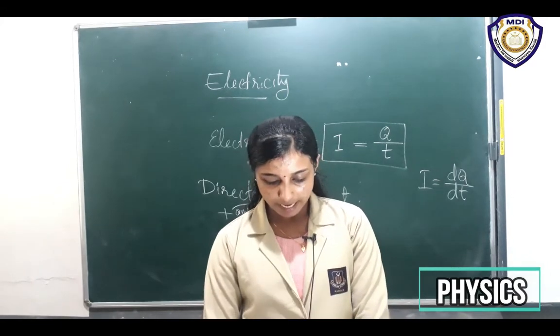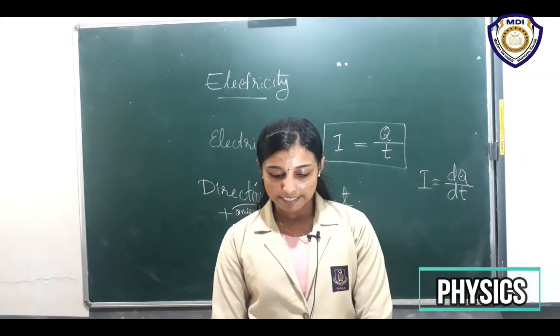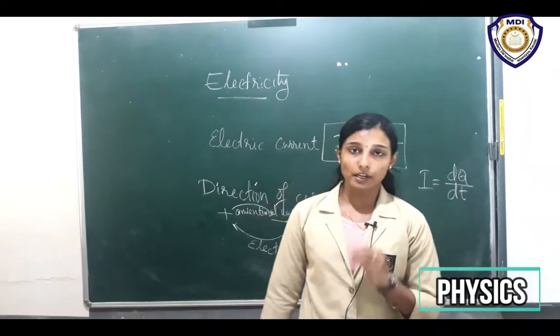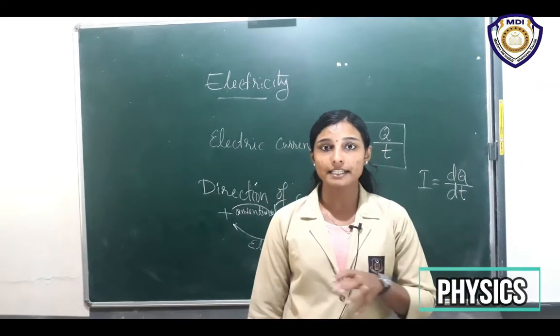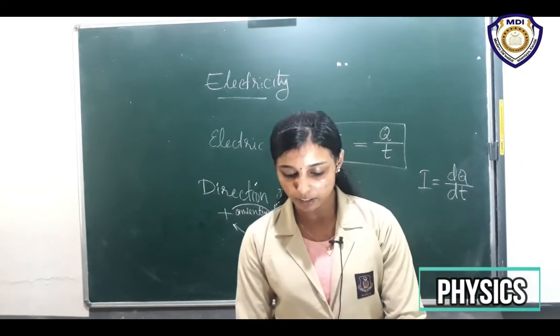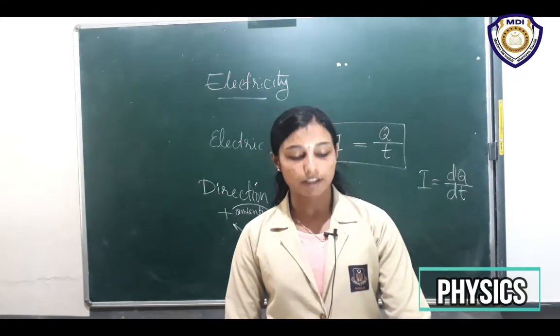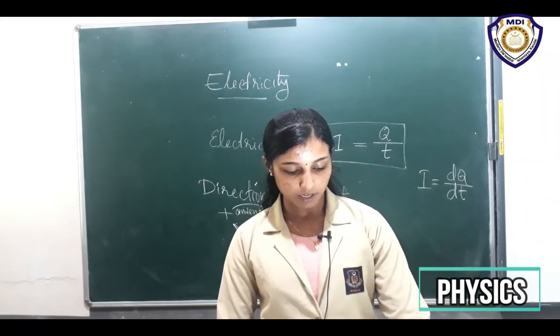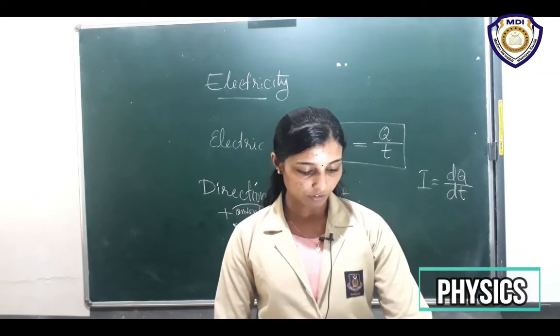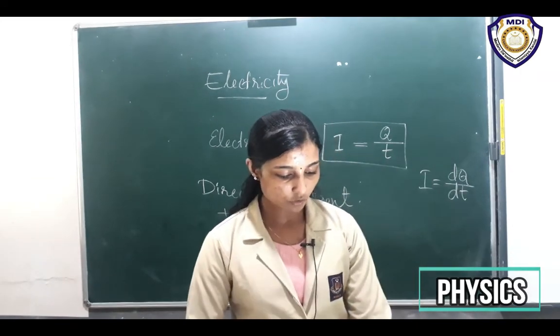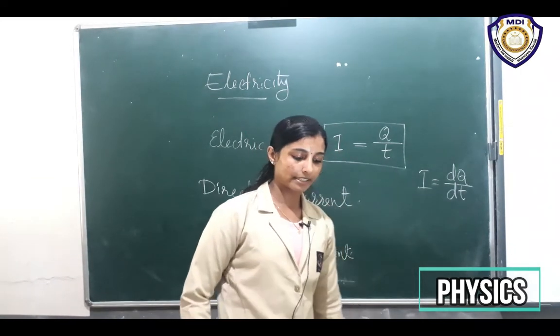A continuous and closed path of electric current is an electric circuit. So what is meant by electric circuit? You have an electric circuit given in page number 200, figure 12.1. Okay, so we can just draw an electric circuit here.